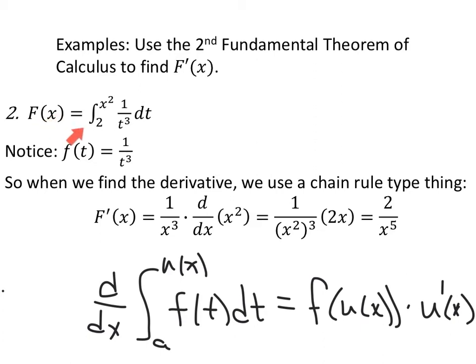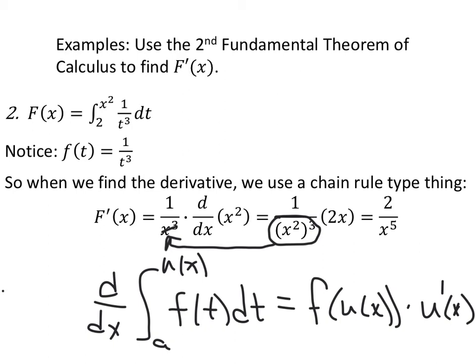If capital F of x is the integral from 2 to x squared of 1 over t cubed dt, my f of t is 1 over t cubed. When we find the derivative, it's kind of like a chain rule thing. So I'll have 1 over x cubed. That's not true at all, because this should be an x squared. What I have written here, which I just covered up, should also be there.